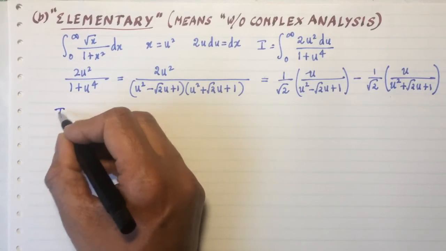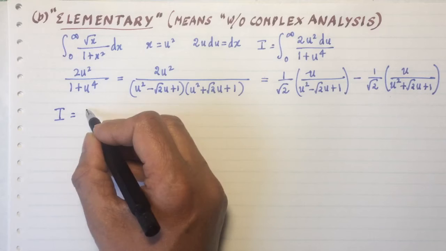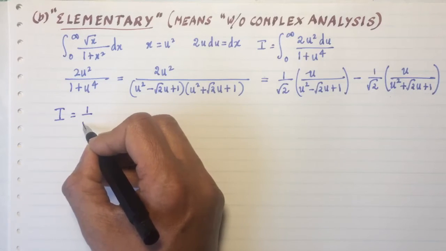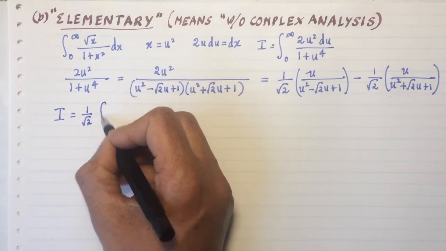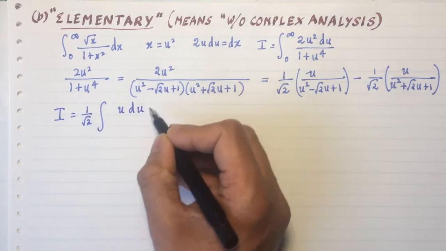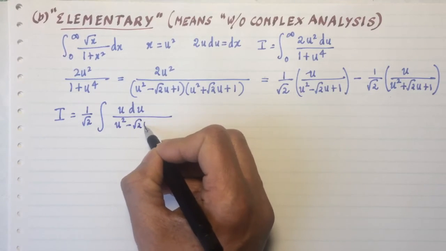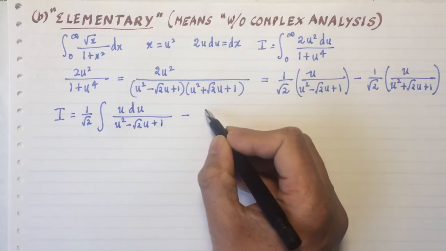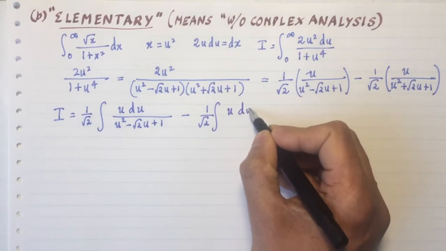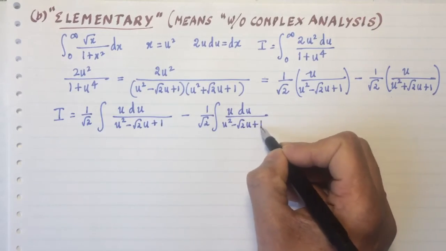Now we can write our integral as a sum of these two integrands. So I'll have 1 over root 2, the integral of u du divided by u squared minus root 2u plus 1 minus 1 over root 2, the integral of u du divided by u squared plus root 2u plus 1.